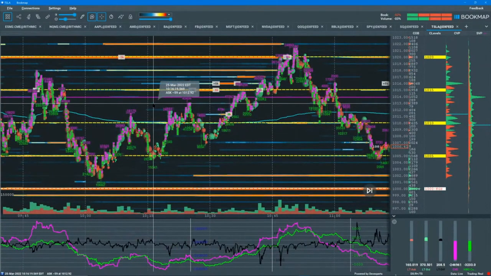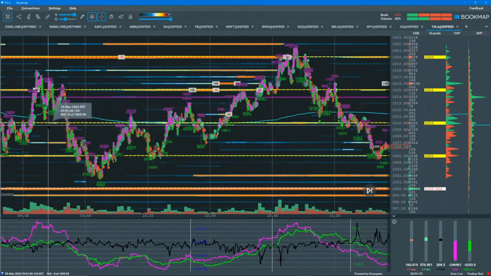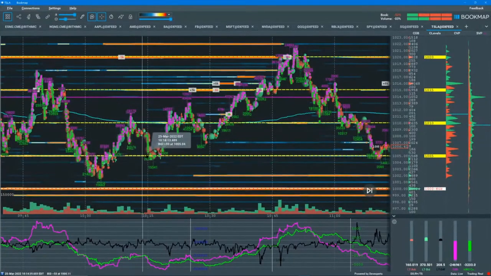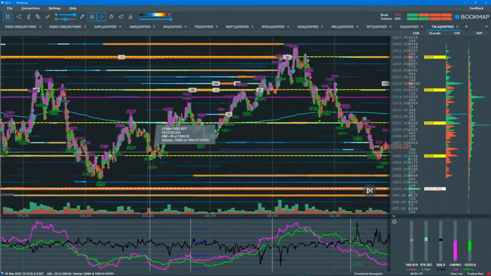With Tesla, there is typically a one-to-one correspondence with Hero. So with Hero moving down, Tesla is moving down. Hero moves up, Tesla moves up.